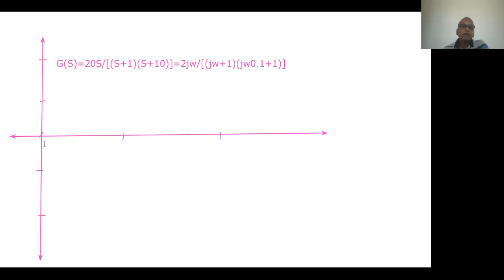And then we will consider 0.1. Here consider 1, that is a decade. Here is the 10. Then here is 20 dB, here is 40 dB, here is minus 80 dB.